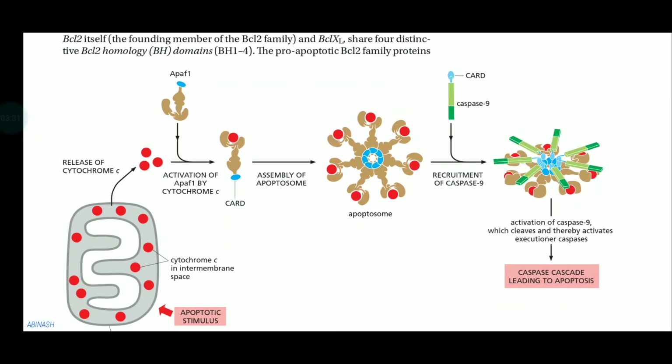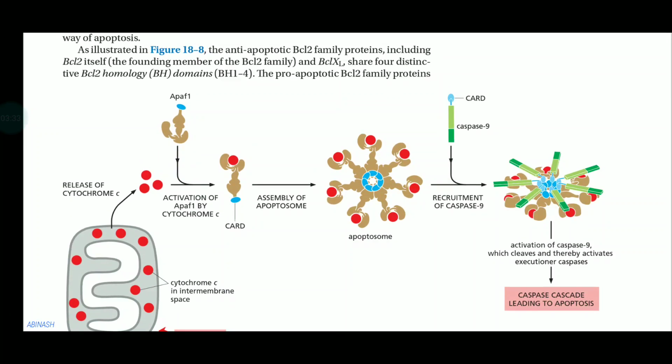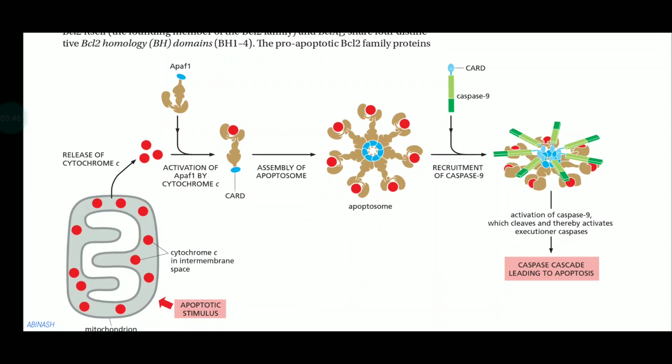That cytochrome C then reacts with APAF1, forming the apoptosome. Then this apoptosome causes the activation of caspase 9, which thereby activates the executor caspases like caspase 3, 6, 7, 10, and that causes apoptosis.